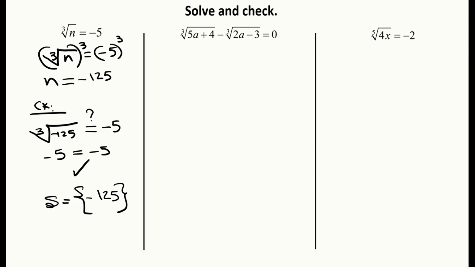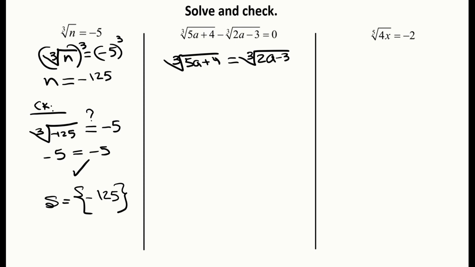Next problem in the middle, very similar, except notice whenever we have more than one radical, we try to move one to the other side. So let's keep the cube root of 5a plus 4 on the left side, and let's go ahead and move the other one to the right side, and it becomes positive. So we just get the cube root of 2a minus 3.